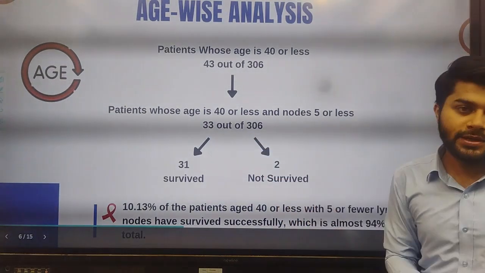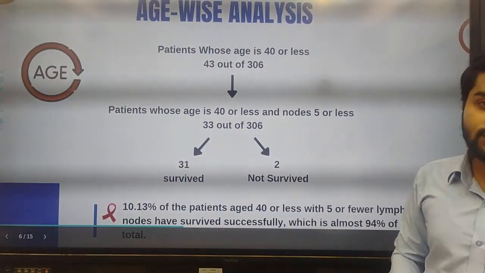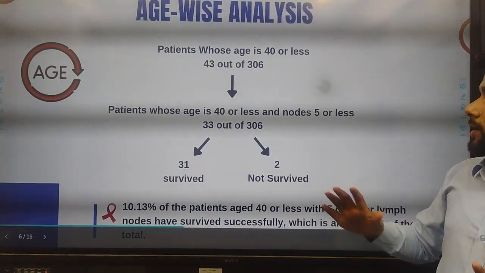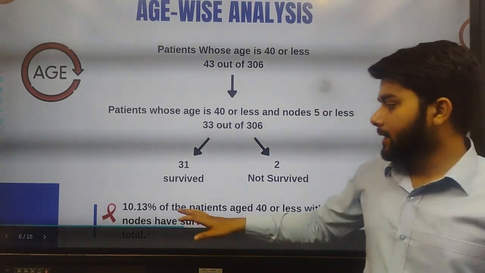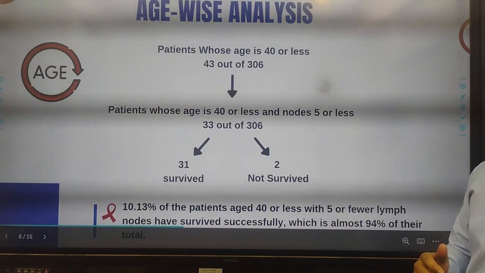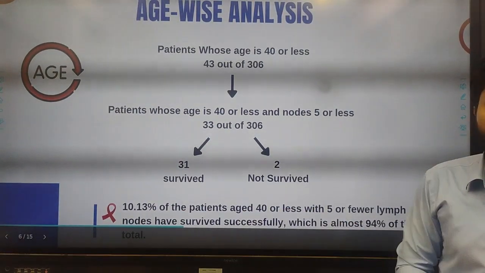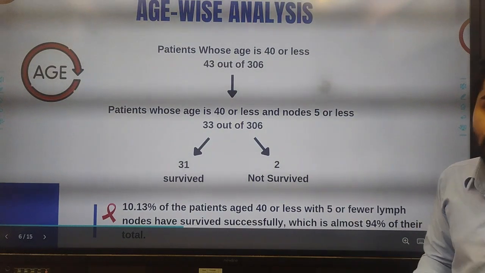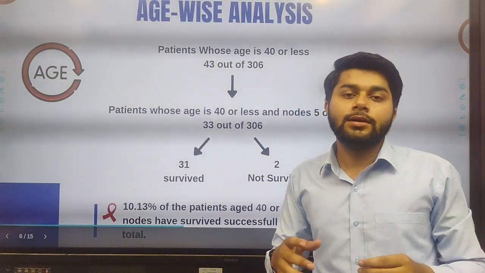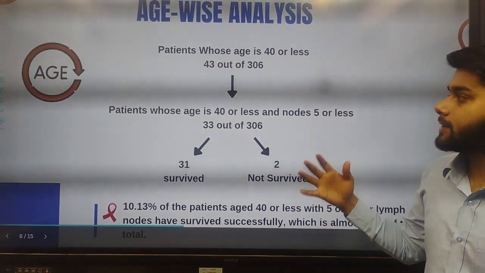We have 33 patients out of 306, and of those, 31 survived and 2 unfortunately did not survive. So we can conclude that 10% of the patients whose age is 40 or less with lymph nodes of 5 or less survived successfully, which is almost 94% of their total. This is a very good key insight that we derive from here.